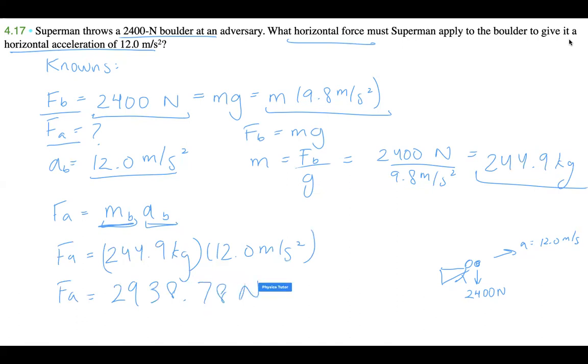And just with significant digits, that's going to be 2,940 newtons. All right. Sorry, my handwriting's super messy, but I hope that's all right.